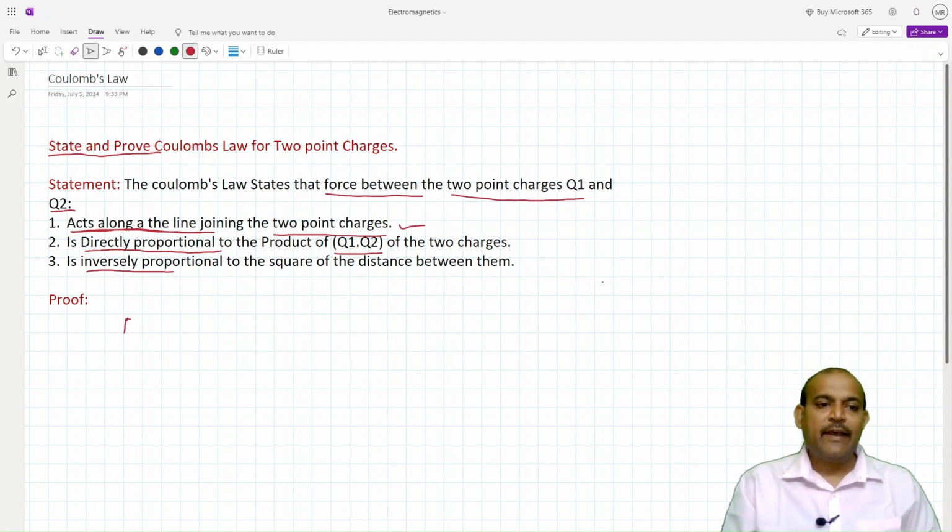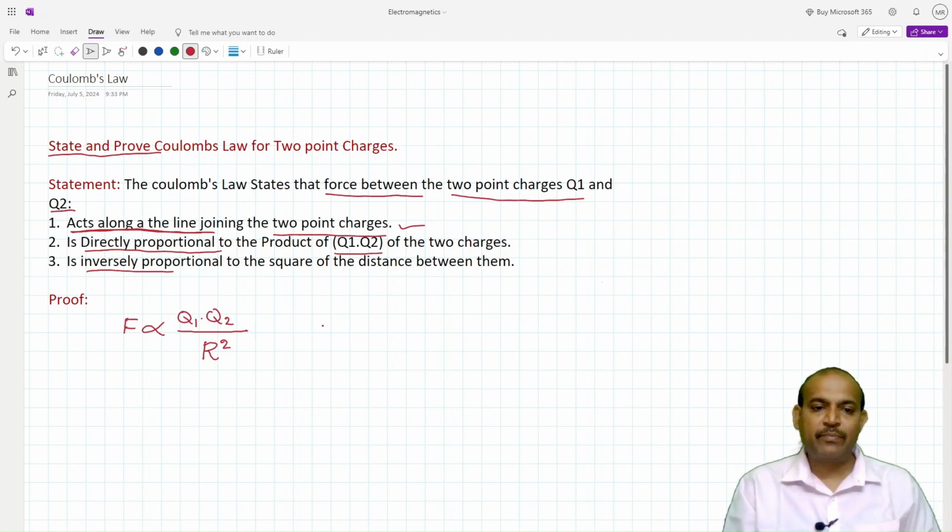F is the force between the two charges. The force is directly proportional to the product of Q1 and Q2, and inversely proportional, therefore divided by the square of the distance between them. If the distance between them is r, then r squared.